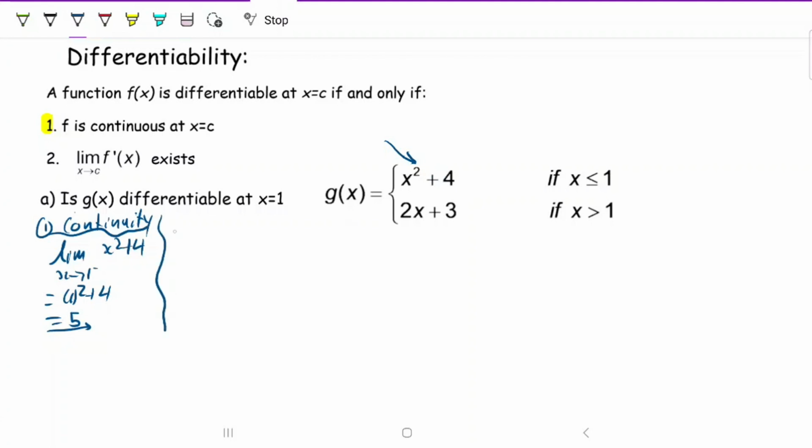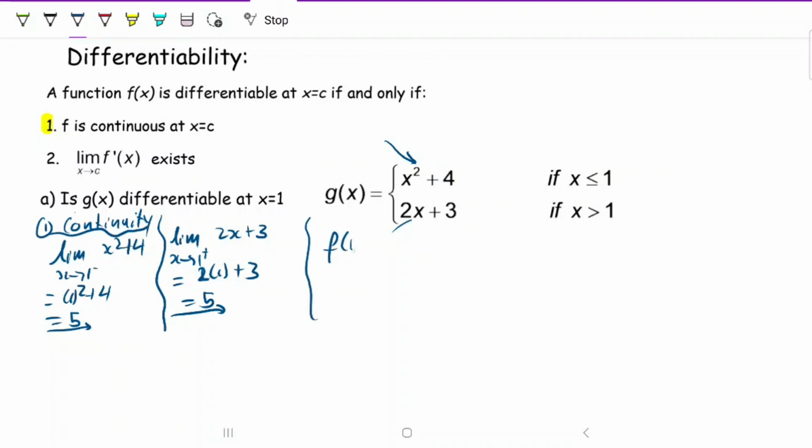So we can see what the left limit is. Let's check the right limit. The limit as x tends to 1 from the right, we now bump into the second function, which is 2x plus 3. We can substitute 1 there and get 2 plus 3, which is 5. So we know that the limit exists.